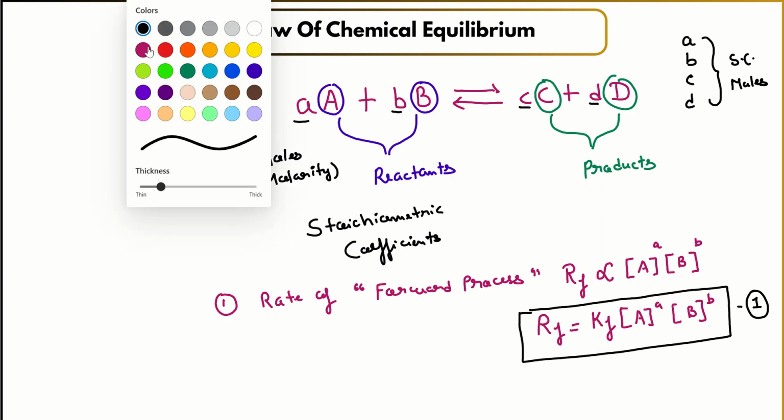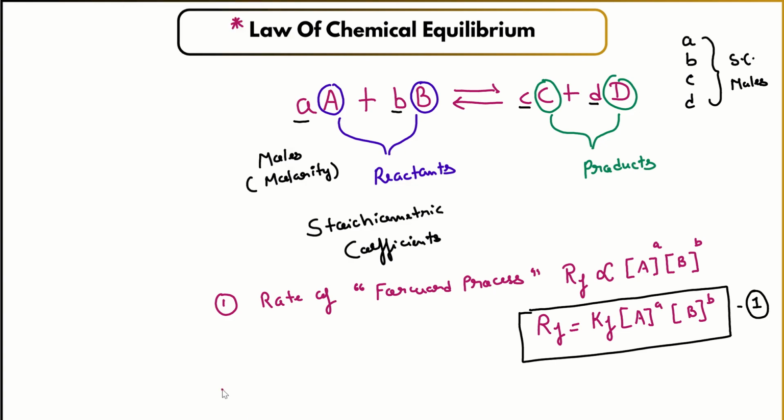Similarly, if I need to find out the rate of backward process, guys, it will be denoted as Rb, the rate of backward process, and this will also be directly proportional to the products.